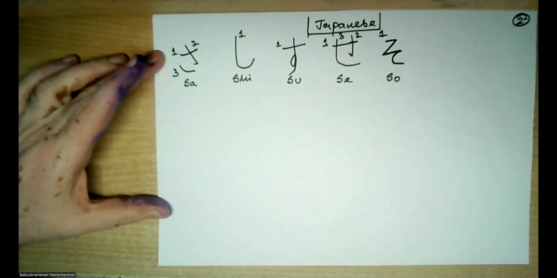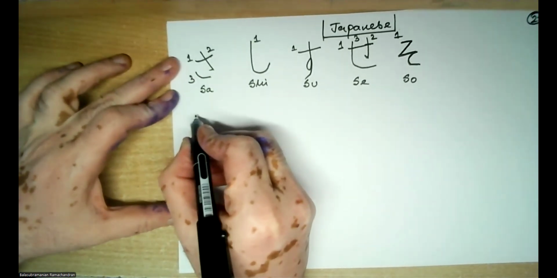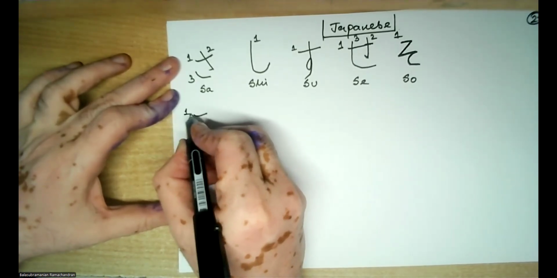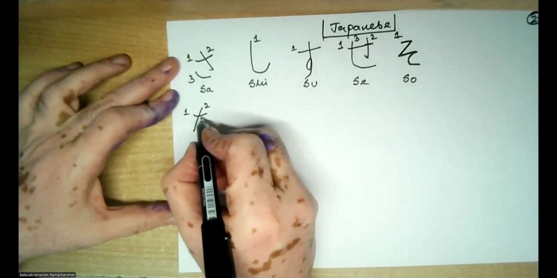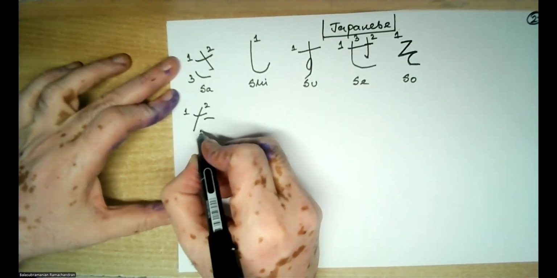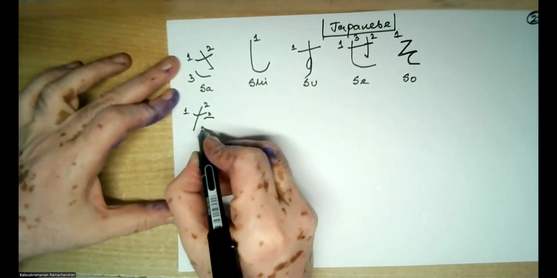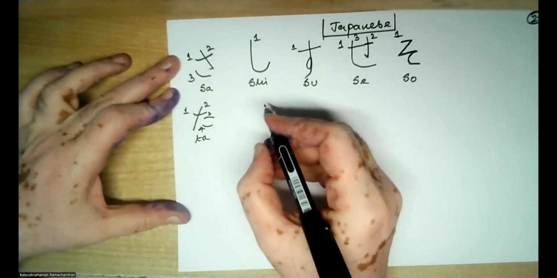So for ta, this is the stroke order. You have stroke 1, stroke 2, stroke 3, and stroke 4. So that is ta for you.